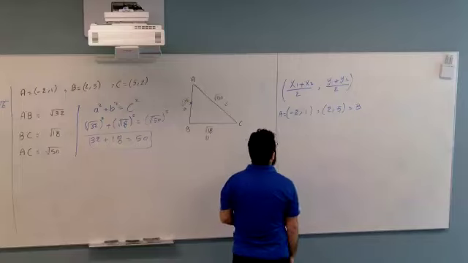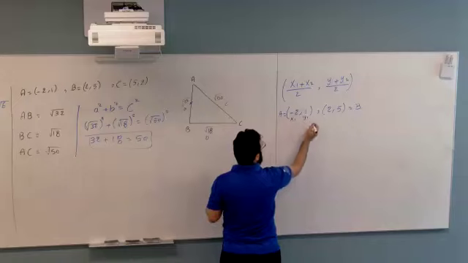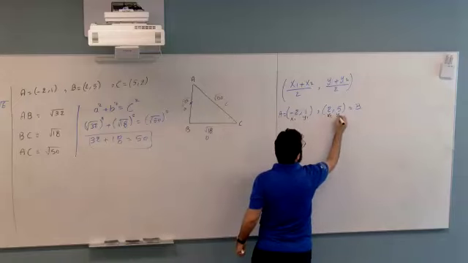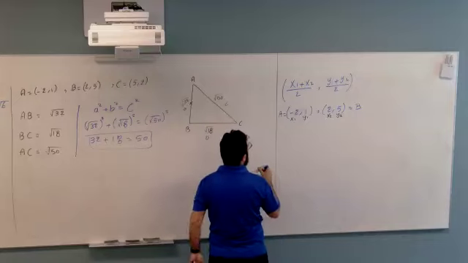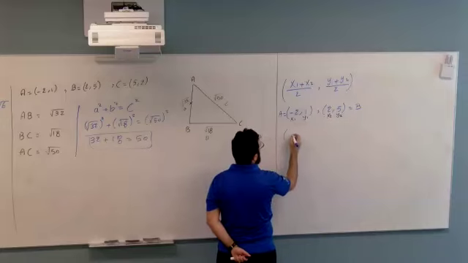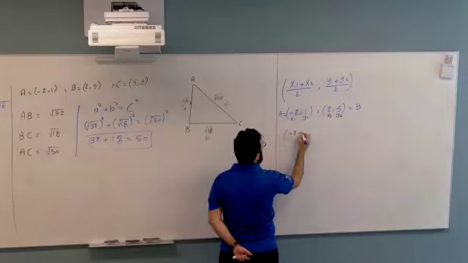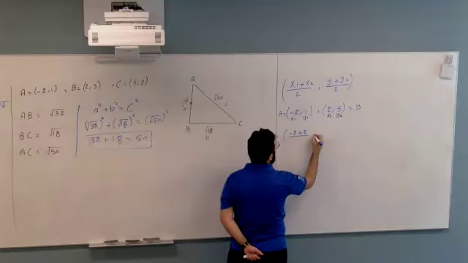And again, don't confuse yourself. Same thing, this is x1, y1, and this is x2, y2. Apply the midpoint formula, x1 plus x2, which is -2 plus 2, divided by 2.